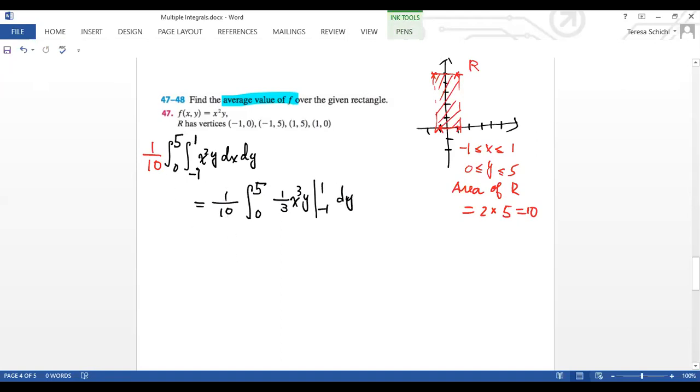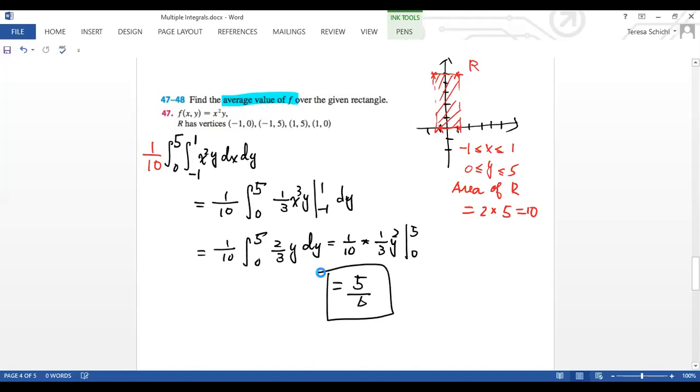So you have 1 over 10, integral from 0 to 5 of 2/3 y dy. This is a really easy integration. Here this will be 1/3 y squared from 0 to 5. So your final average is 5/6. That means the average value over this rectangle is 5/6. Okay, that's it.